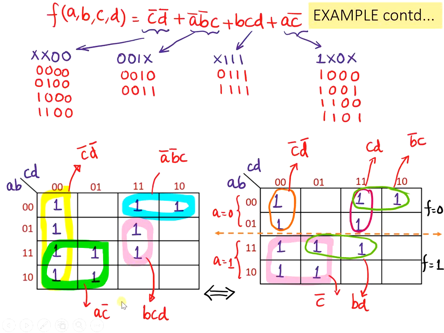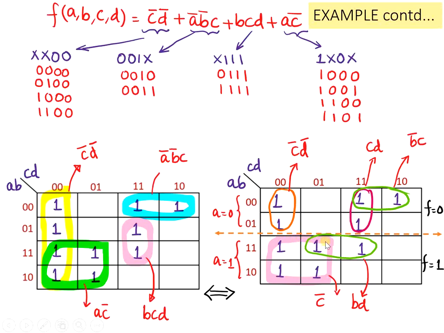If I want to simplify this as a 3 variable Karnaugh map, I am going to wrap around the variable a. So I am dividing the Karnaugh map equally because a is the one present in the MSB position. So you can see that for the first 2 cells a is equal to 0, and for the remaining 2 cells at the bottom a is equal to 1. So that is why I have divided the Karnaugh map in between.